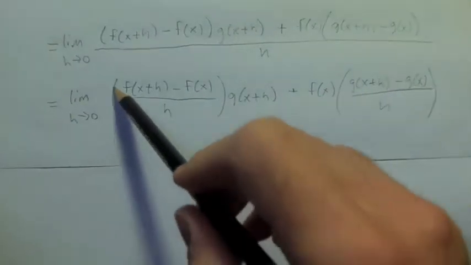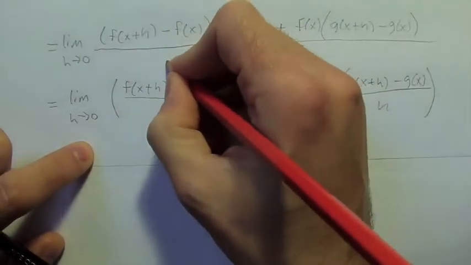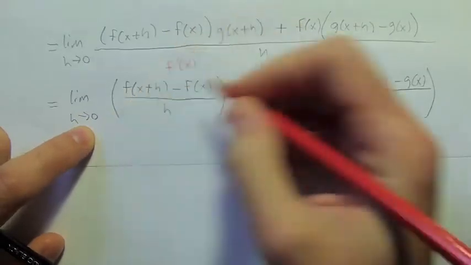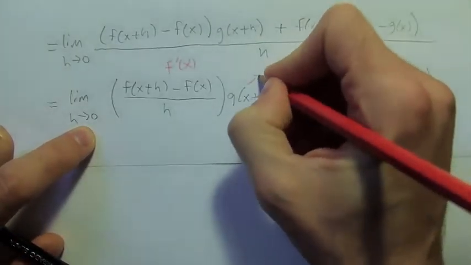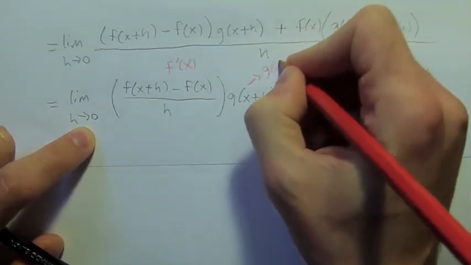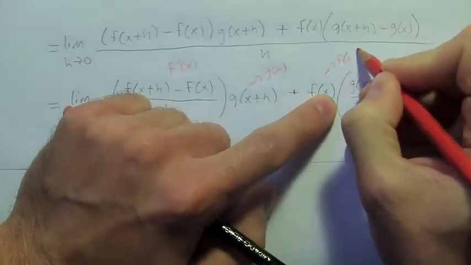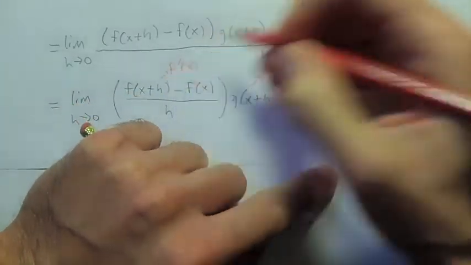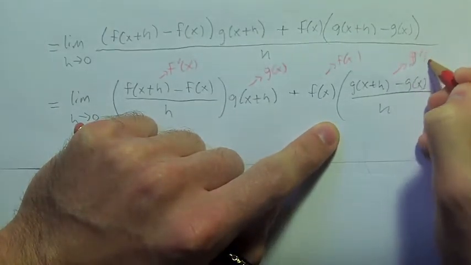Okay, and what does this look like? Well, this should look like f prime of x as h goes to 0. And as h goes to 0, h is going to 0, so this goes to g of x plus 0, which is g of x. This is simply f of x. And then this thing, as h goes to 0, is going to be g prime of x.